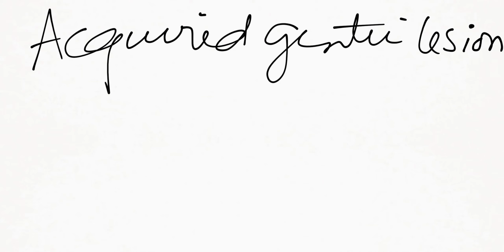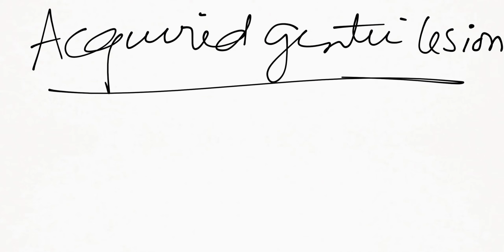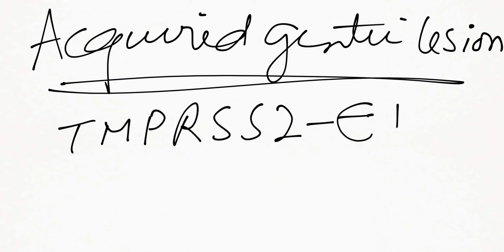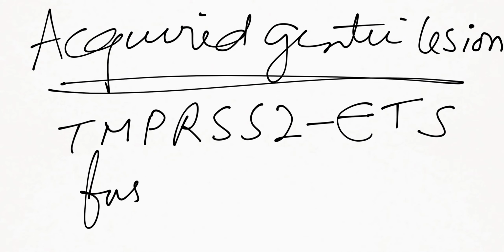The most common acquired genetic lesion in prostate cancer is something called TMPRSS2-ETS fusion.